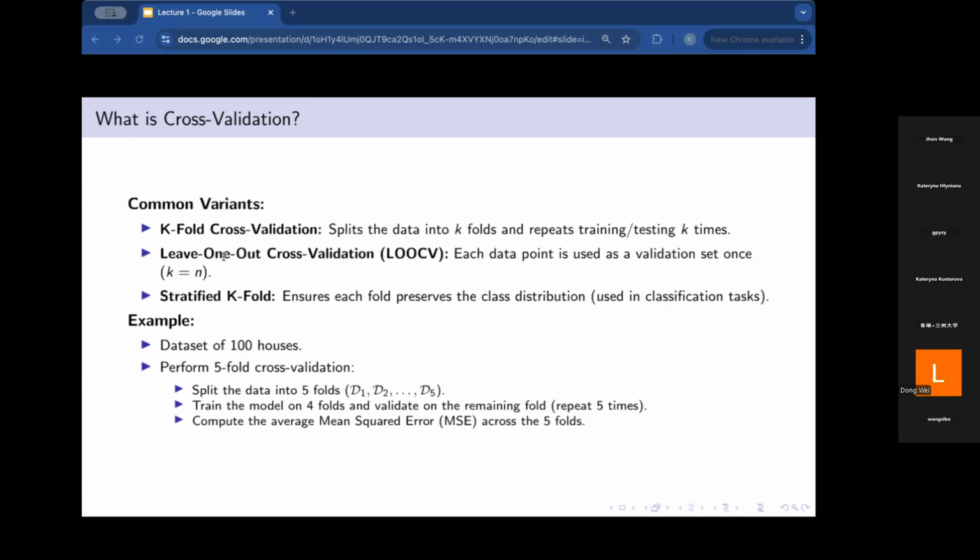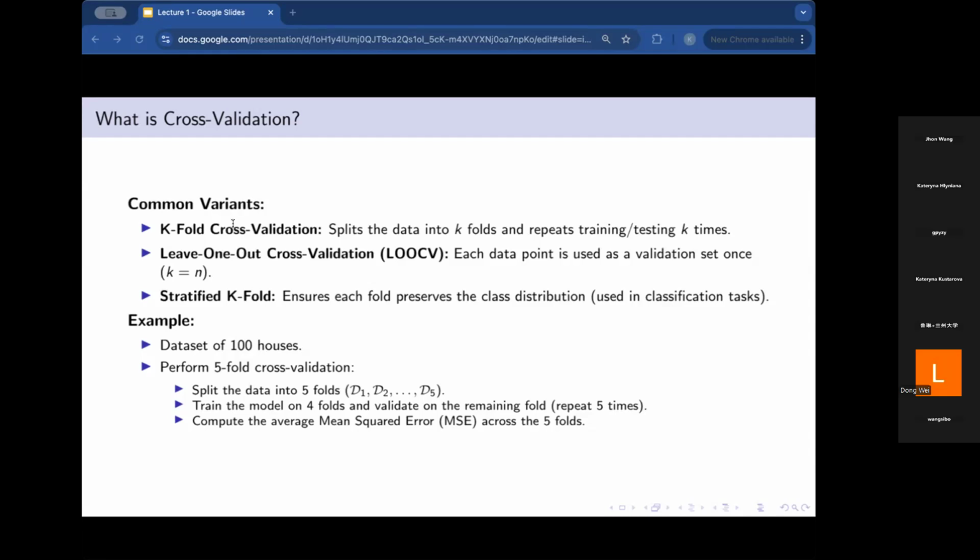This slide discusses some common variants of cross-validation, along with an example. The first common variant is k-fold cross-validation. In this method, the dataset is split into k folds, and the model is trained and tested k times. Each time, a different fold is used as a validation set, while the others are used for training.